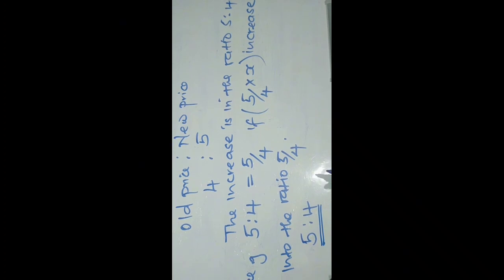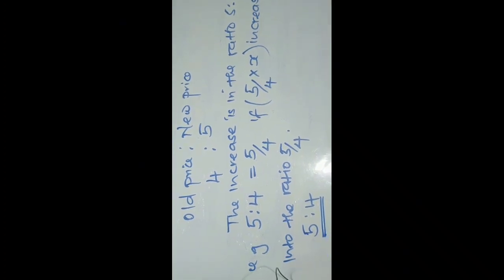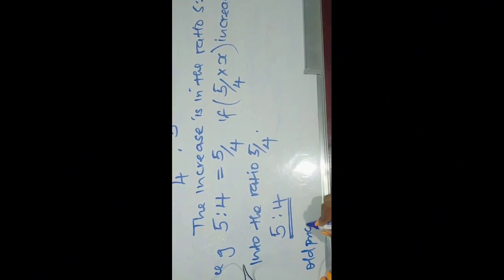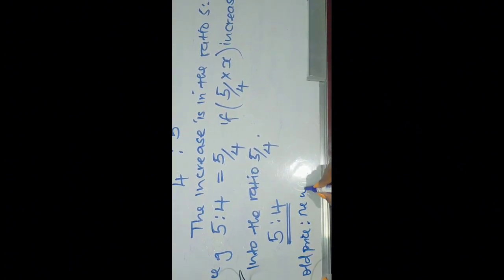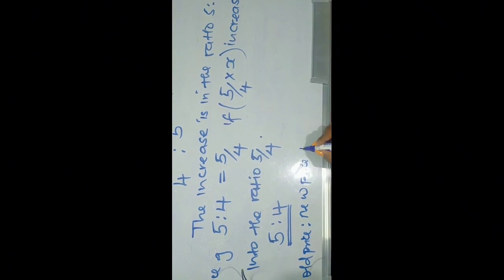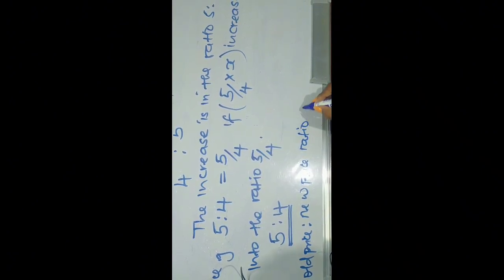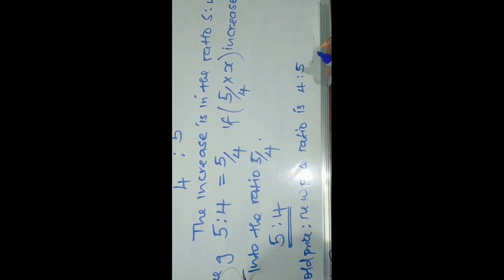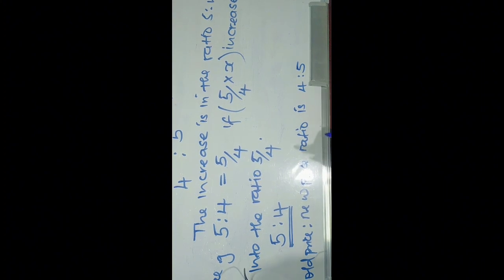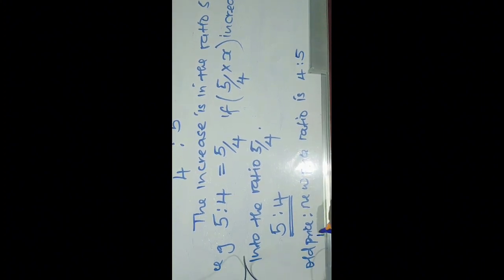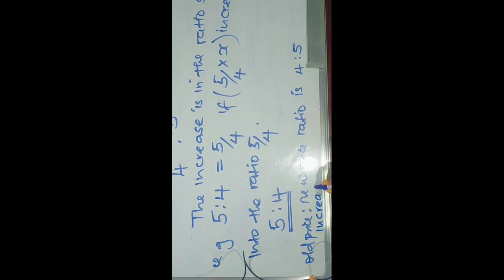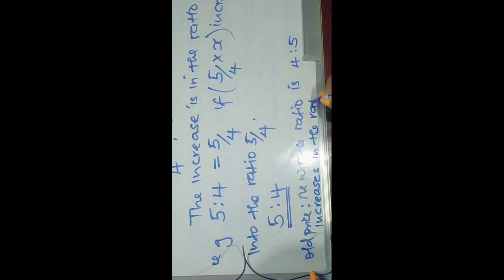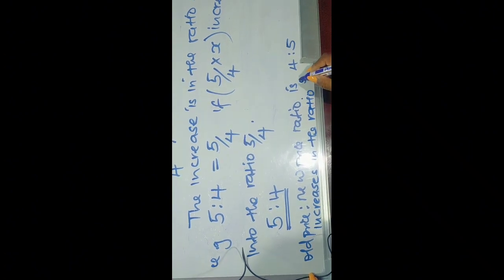Therefore, we can summarize this and say that if old price to new price ratio is 4:5, then this particular quantity increases in the ratio 5:4.